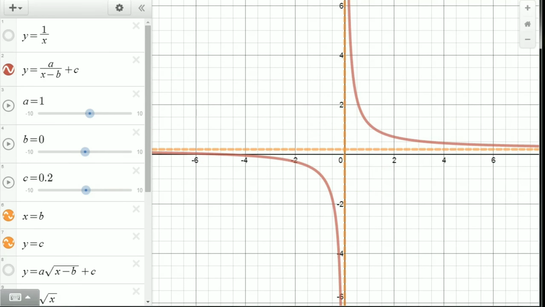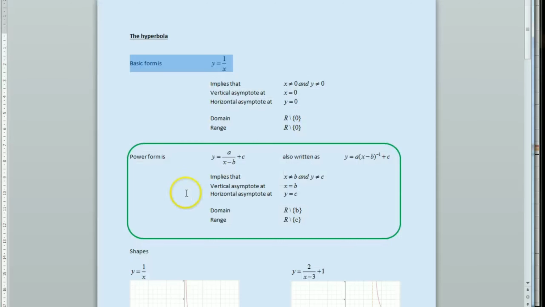Let's review our function again. The power form is y equals a over x minus b, plus c. This implies that x cannot equal b because we would have a value over 0, and y will never equal c because this fraction can never be 0, therefore we can never get exactly c.